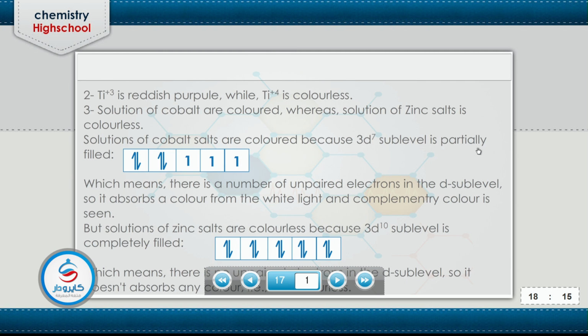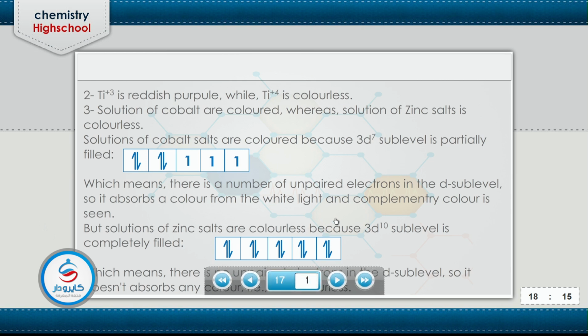The sublevel is partially filled with electrons, and there are unpaired electrons, which cause the coloring of this ion, which means there are unpaired electrons in the d sublevel, so it absorbs a color from the white light, and the complementary color is seen.